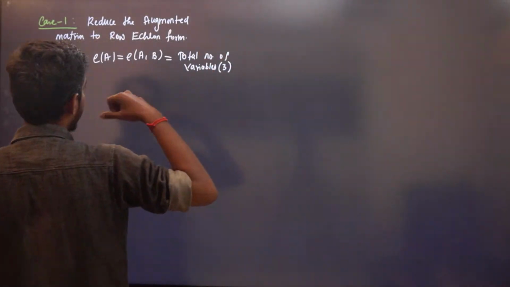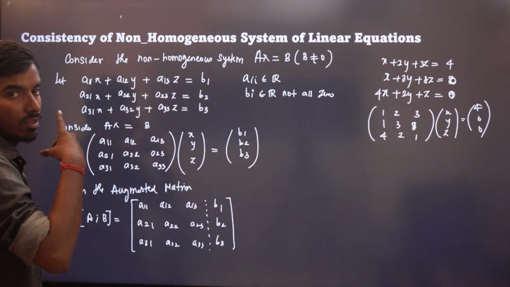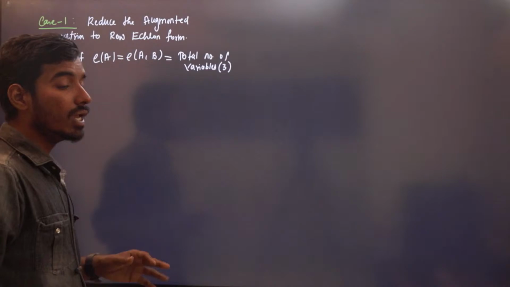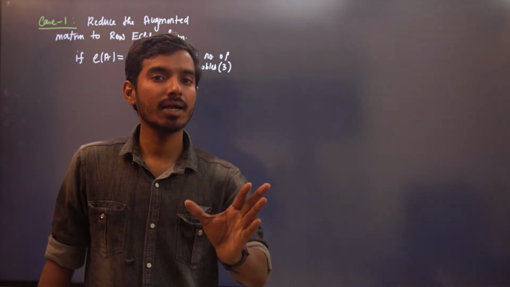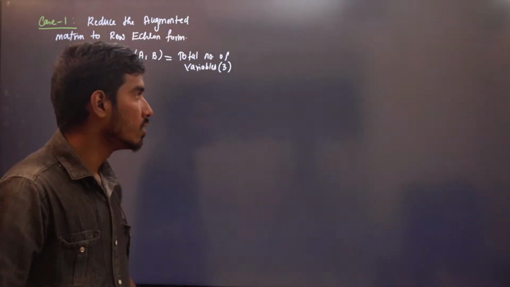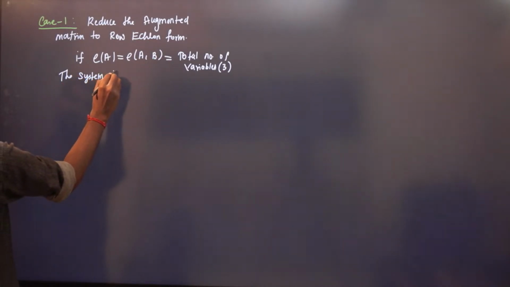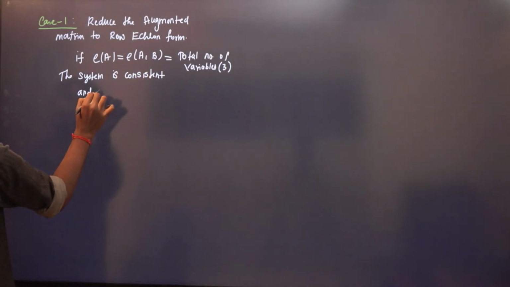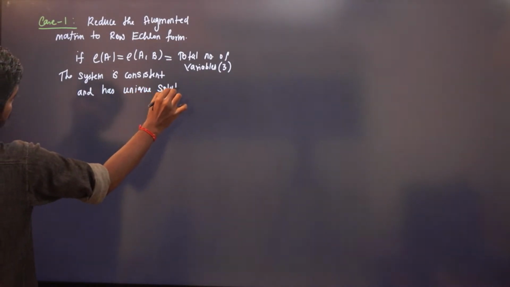So I'm putting in brackets: if both are equal to 3. Here also I've written only 3 variables, right? If rank of A and rank of (A, B) are both equal to 3, the system is consistent and has a unique solution, right?